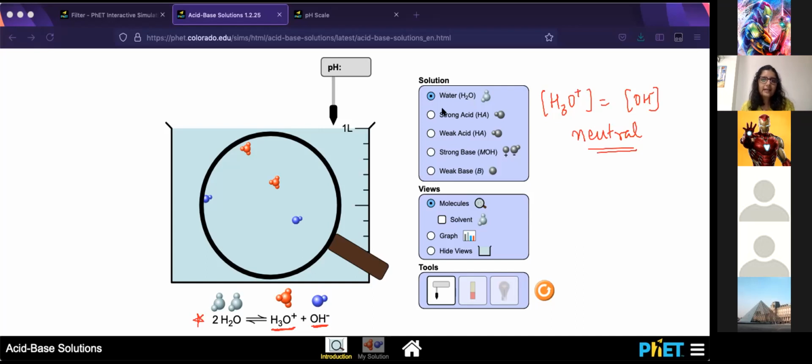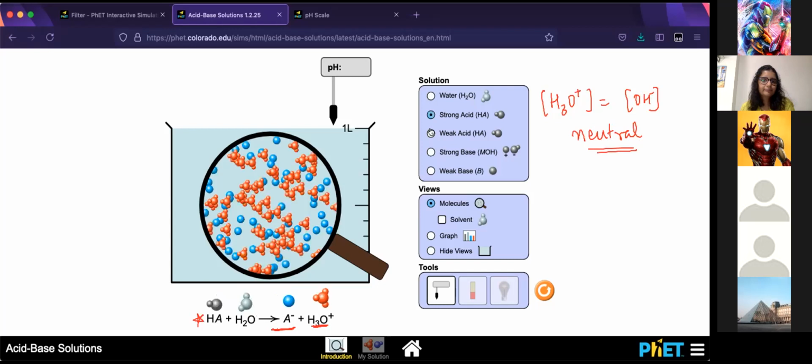If I add a strong acid to it, you can see that there are already H3O plus and OH minus, but because the strong acid is giving out even more H plus, you have more quantity of H3O plus than OH minus.